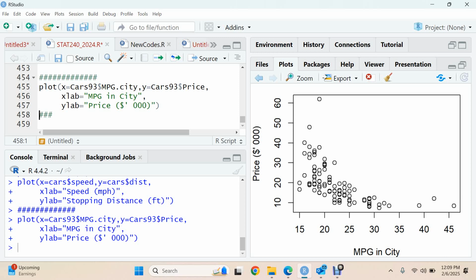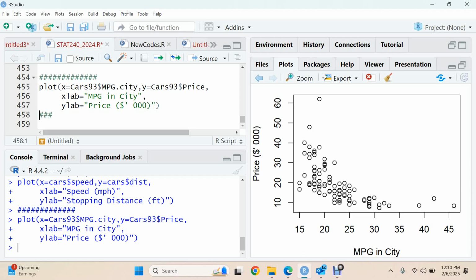What will be your expectation of the price if you've been advised to buy a car with smaller MPG? The price will be high. Is that okay? Yeah, so basically what the graph shows you is that if you want a car with smaller MPG, the price is higher. Basically, that's it.